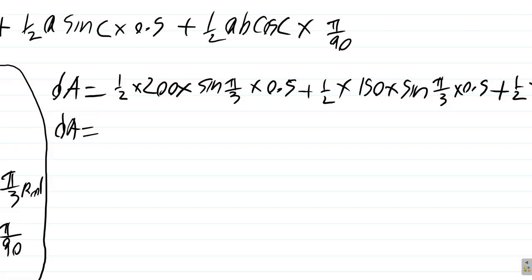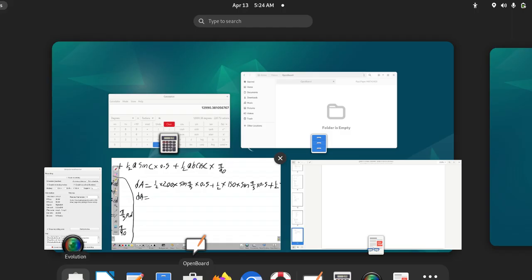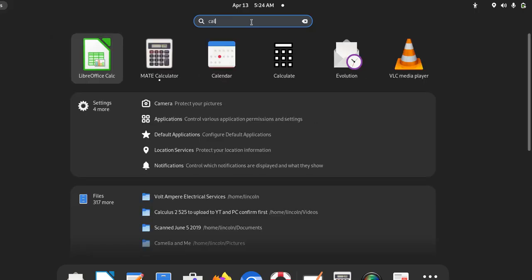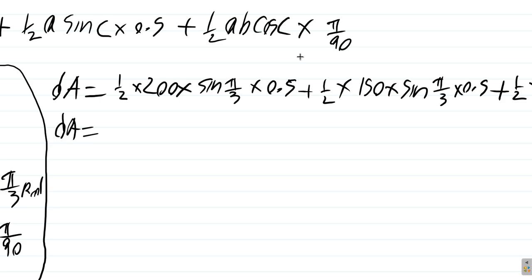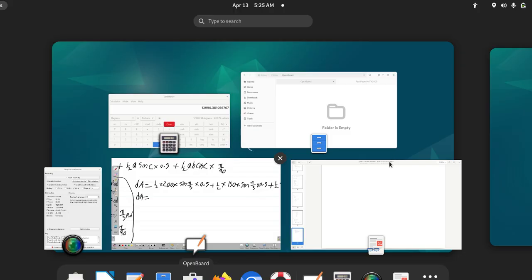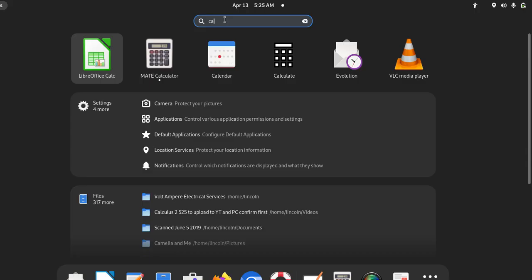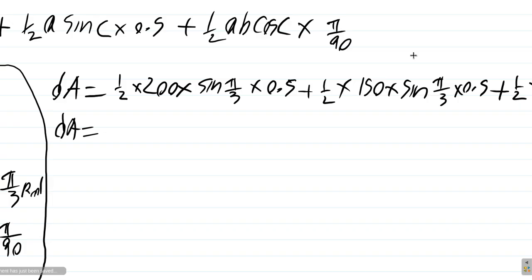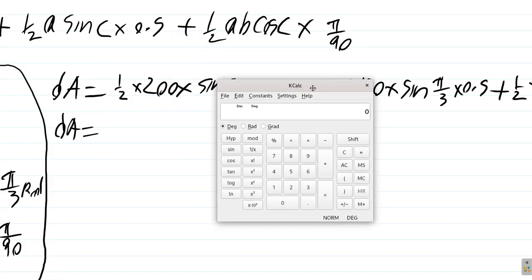I'm more comfortable with that other calculator, knowing that I'll be confident as to whether it is in degree or radian mode. Oh, it's not that one that I want. Where is it? Okay, yes, this is the calculator I was searching for.